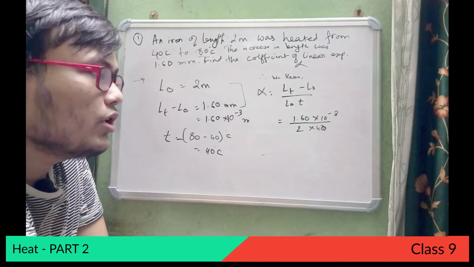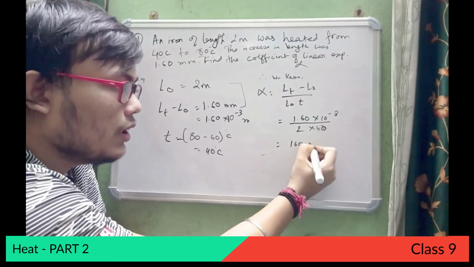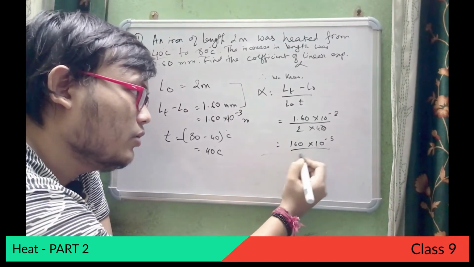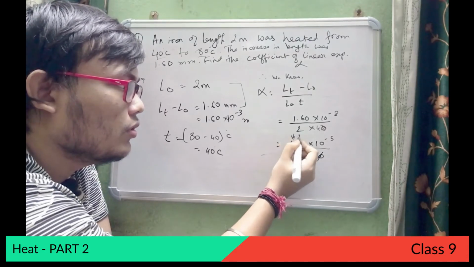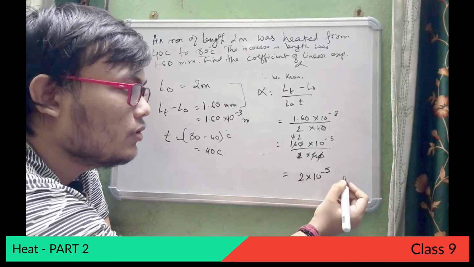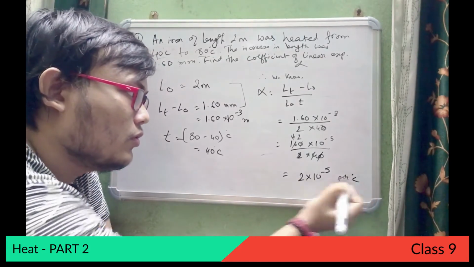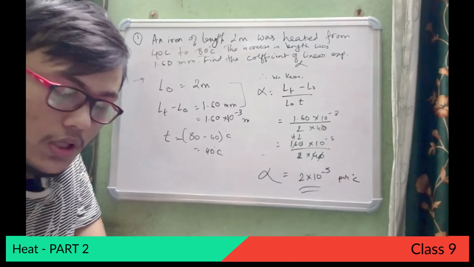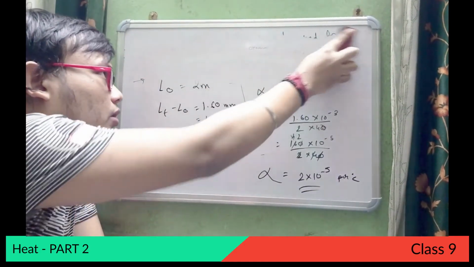To make this calculation easy, I'll shift the point, so it becomes 160 into 10 to the power minus 5 by 2 into 40. The zeros cancel, and it becomes 2 into 10 to the power minus 5 per degree Celsius. So the value of alpha is 2 into 10 to the power minus 5 per degree Celsius. This is your answer. Now we'll move on to another type of numerical.